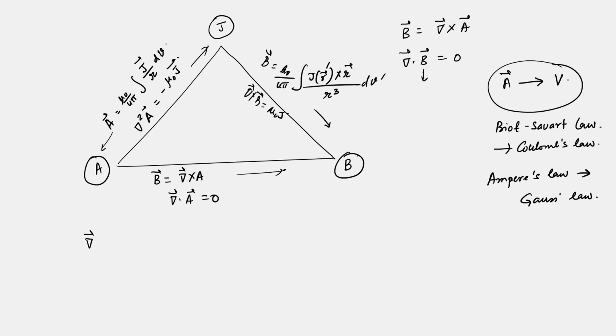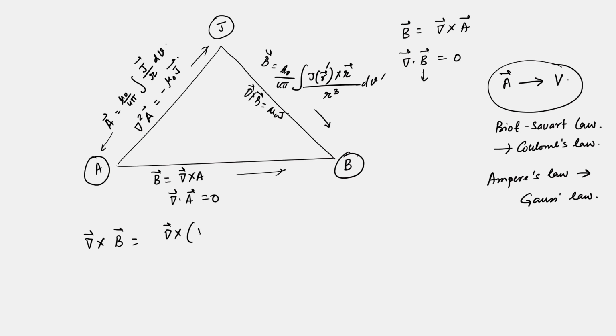So, we have curl of B. We are just taking curl of B because we know that the curl of B is not equal to 0, and what it is we need to see, which is what we have written here also.